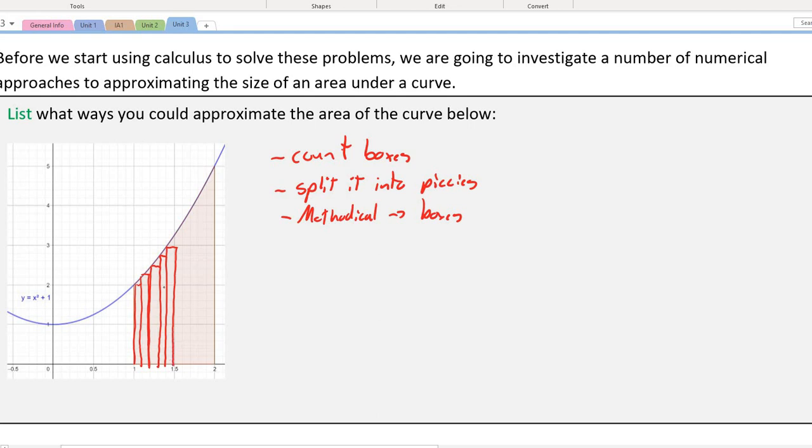If you found the area of each of those boxes, you could add them up, and that would be a pretty good estimation of the area as well. That's essentially the method that we're going to end up doing for these approximations, a little bit more fancy than that, but that's essentially it.